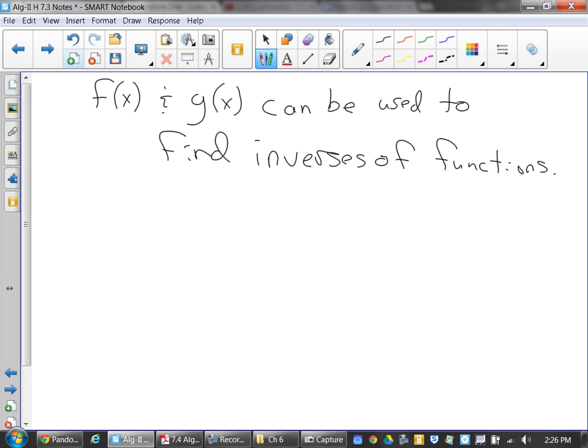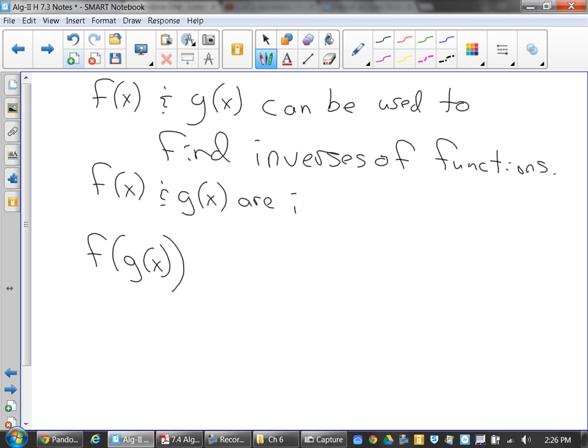So let me show you this. F of x and g of x can be inverses if and only if this happens. Let me write this out. F of x and g of x are inverses if and only if.